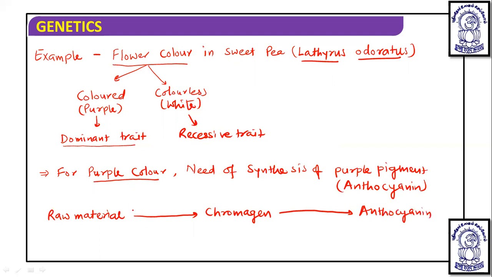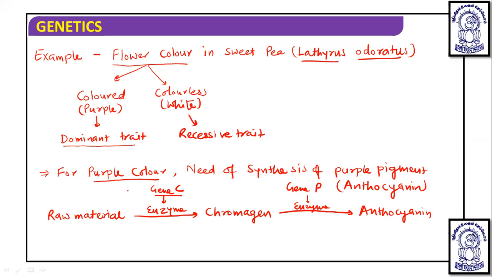For the conversion of raw material to chromogen, there is a need for an enzyme, and here also there is a need for an enzyme. For one enzyme, gene C is responsible, and for the other enzyme, gene P is responsible.